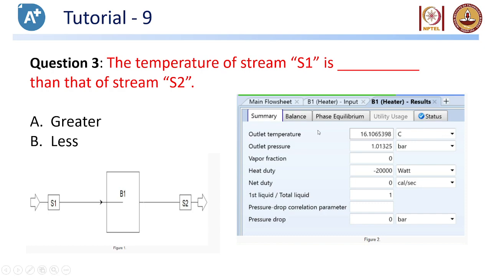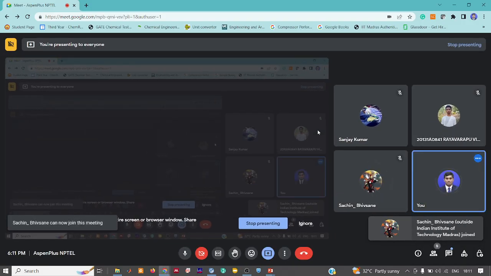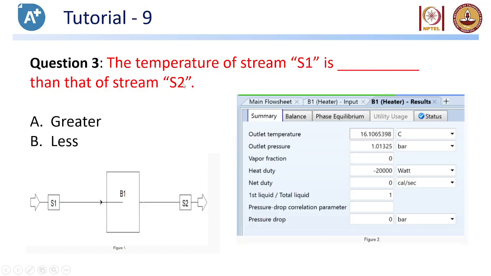For this particular case, can you tell me the relation between the temperatures of streams S1 and S2 by viewing the data given here? From this, can you tell me the relation between the temperatures of streams S1 and S2?